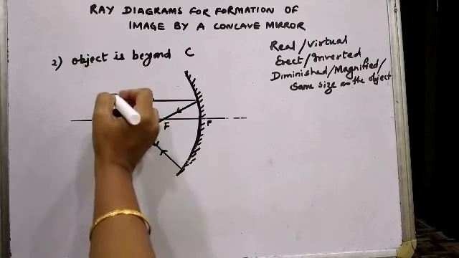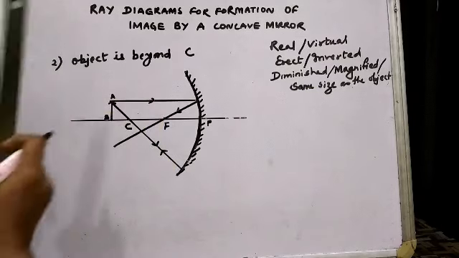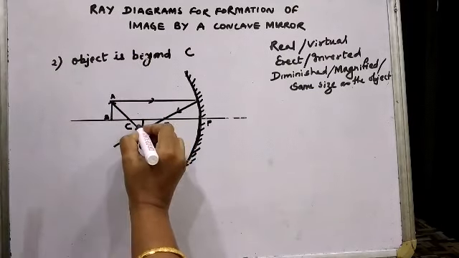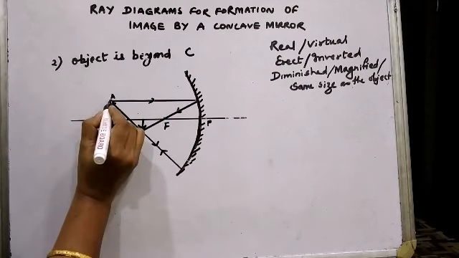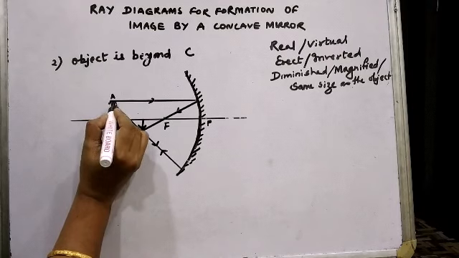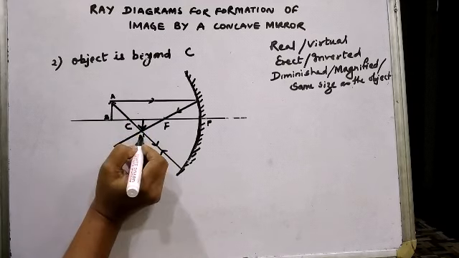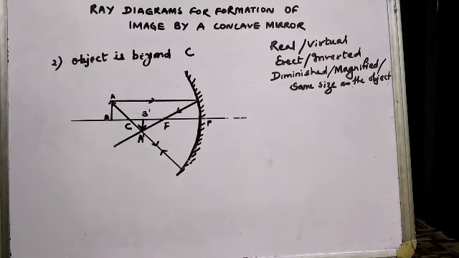This reflected ray and this reflected ray are meeting at this particular point. That means this is the point where the image is formed, and the image formed will be inverted. What does it mean? The object was AB, since the image is inverted, so this will be the reflection of point A, A dash, and this point will be the reflection of point B, which will be B dash.